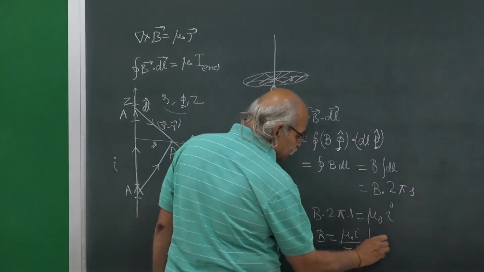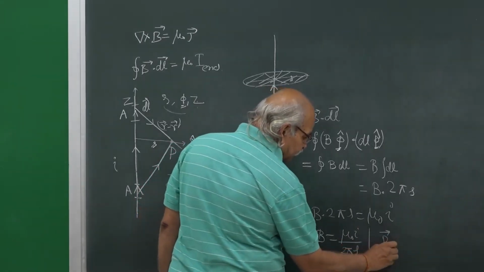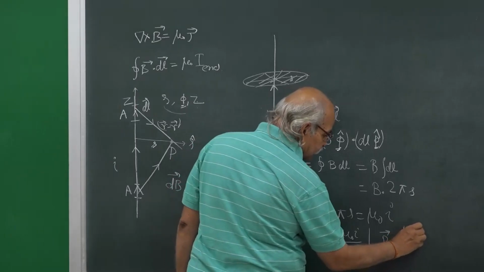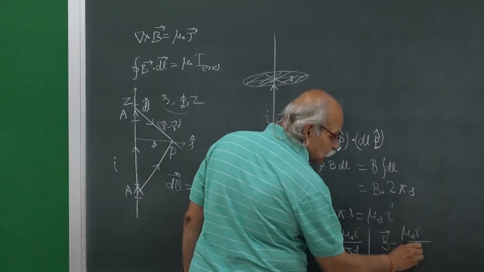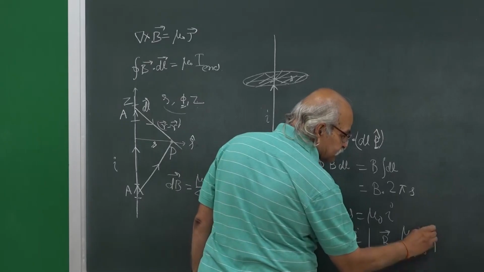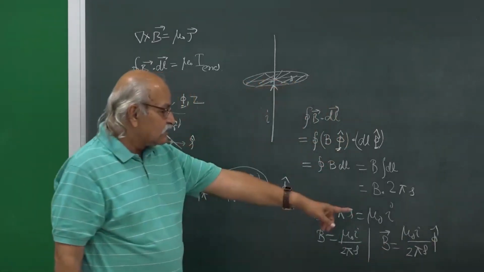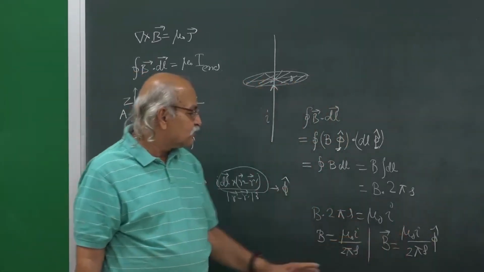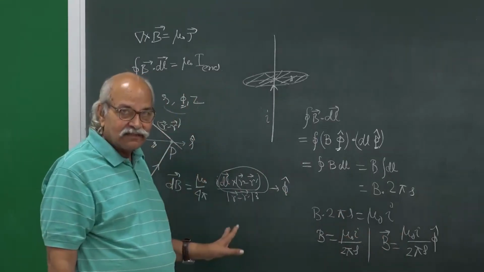And since we know the direction is phi cap, B is mu naught I divided by 2 pi s phi cap. This result, this magnitude, we had also gotten from our Biot-Savart law.